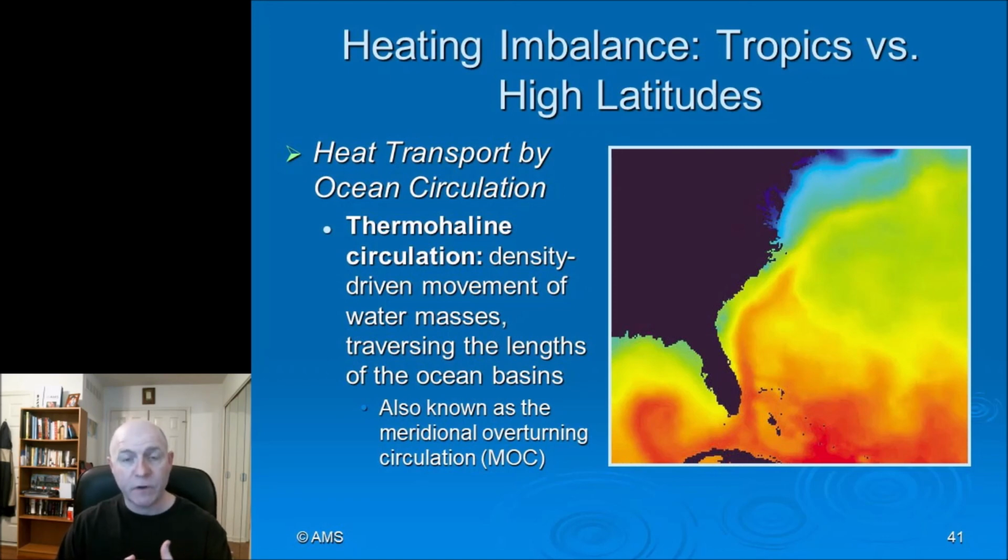We develop different ocean circulations and ocean currents, and this whole thing together is known as the meridional overturning circulation. You can think of it as the MOC, the thermohaline circulation, but this is part of a grander ocean circulation that goes across the whole Earth. But for our purposes here on the East Coast, the Gulf Stream, what you see there in the orange and yellow, is the most important.